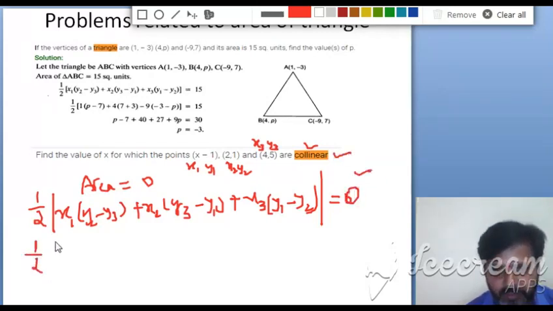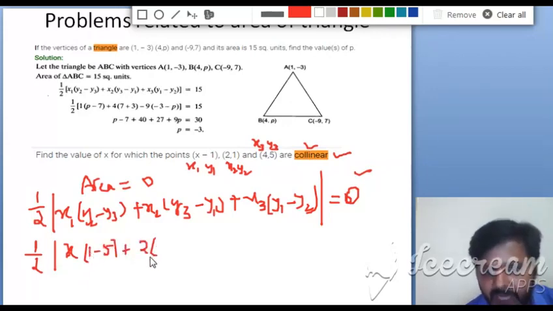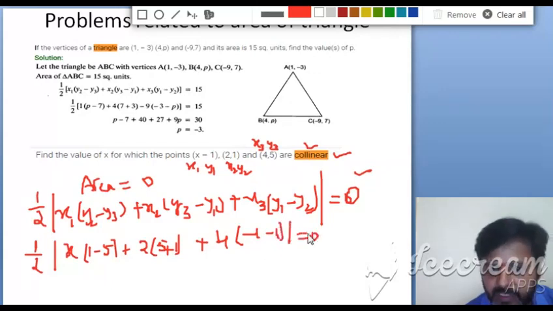Half into x1. Here x1 is represented as x, and y2 minus y3 is represented as 1 minus 5. And x2 is represented with 2, and y3 minus y1 is 5 minus of minus 1, which is, I will write directly, plus 1. Minus of minus 1 is plus 1. Plus x3. x3 is represented as 4, and y1 minus y2. y1 is given as minus 1 and y2 is also 1, which is nothing but 0.